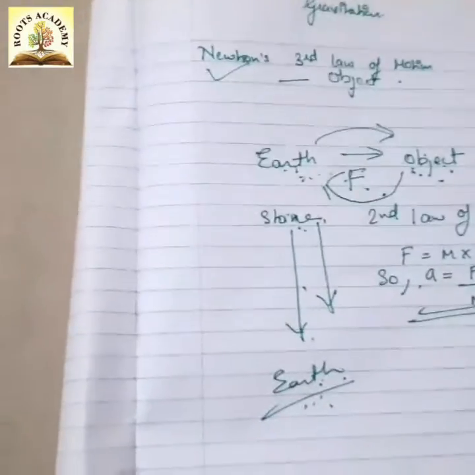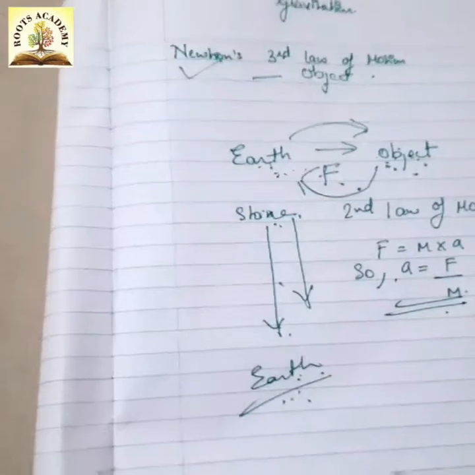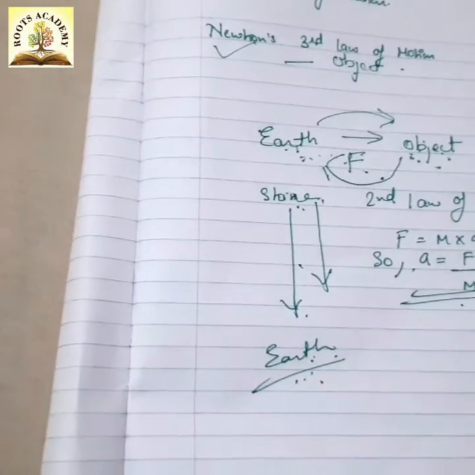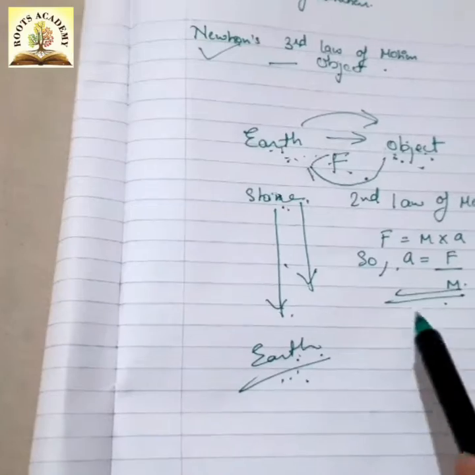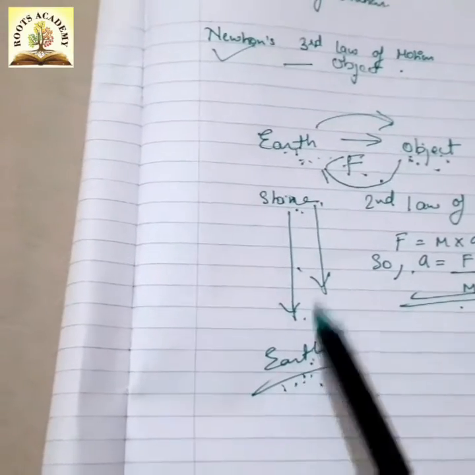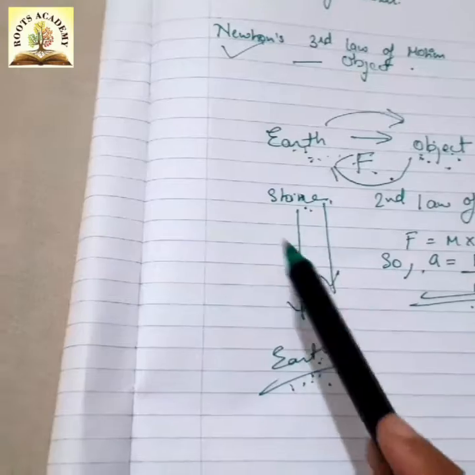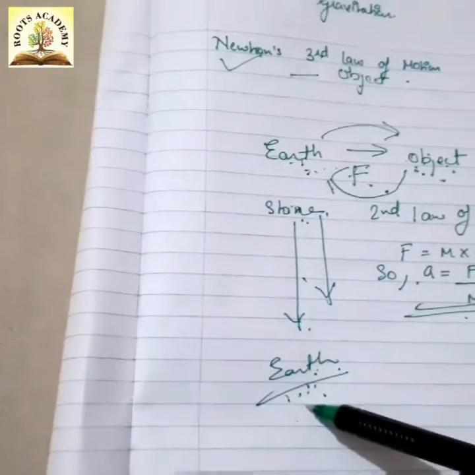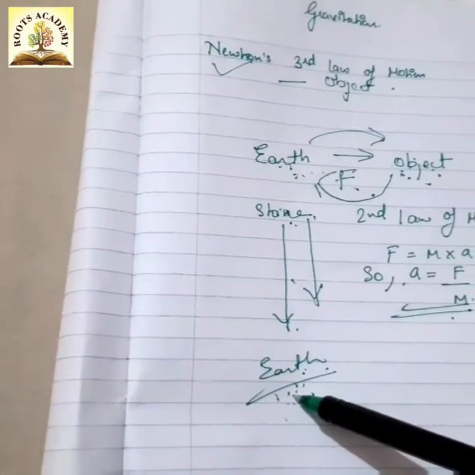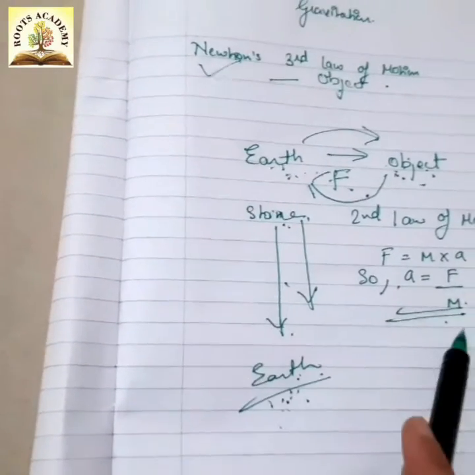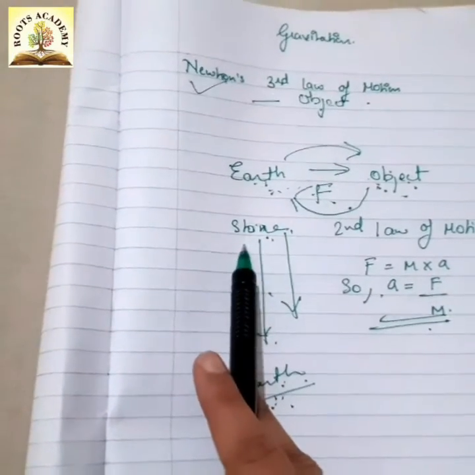Now it means if the body mass is very small, obviously acceleration will be more. Because the gravitational force which is acting on the stone increases the acceleration. Why is acceleration more? Because of the gravitational force of the earth. And a second reason, because the mass of the stone is very less.